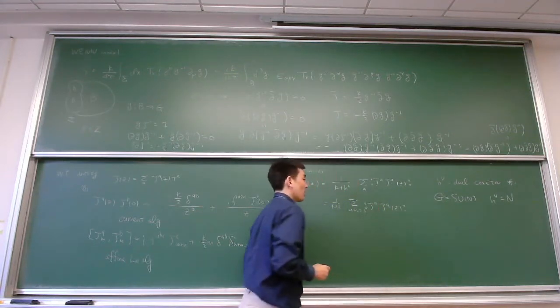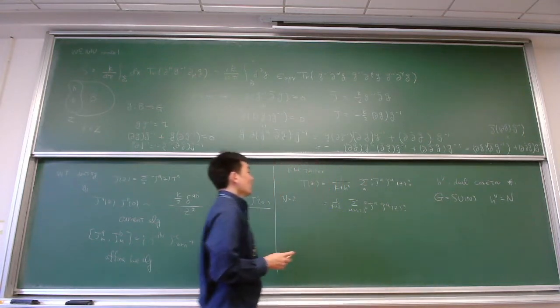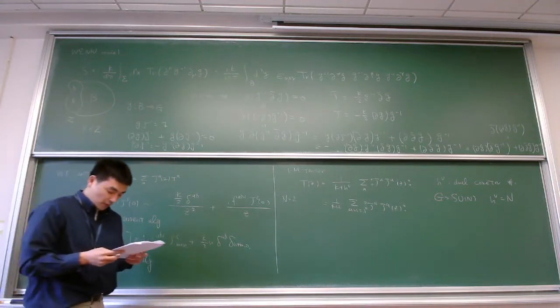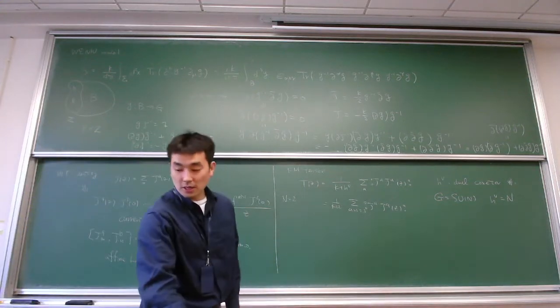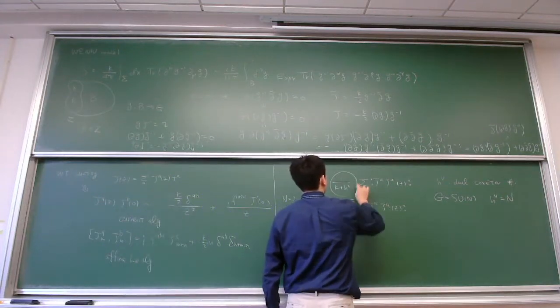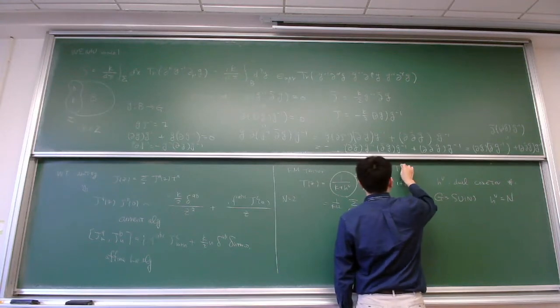That's what you have. This is normal ordering, just the usual normal ordering. You already encountered that in the homework, and this coefficient can be determined by the TT OPE.